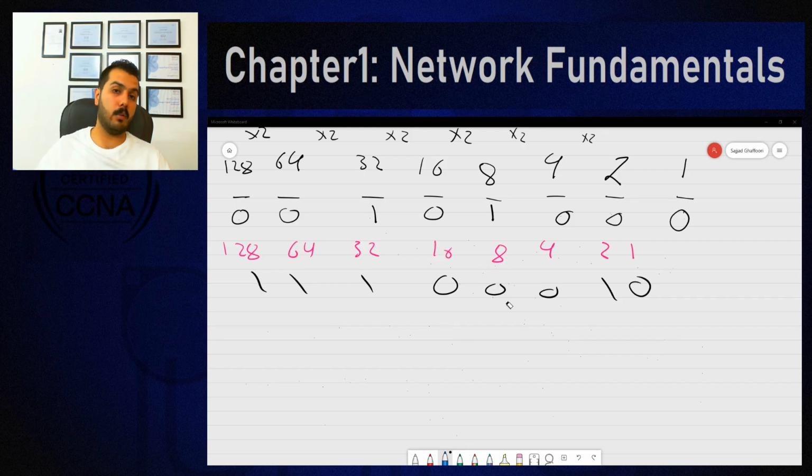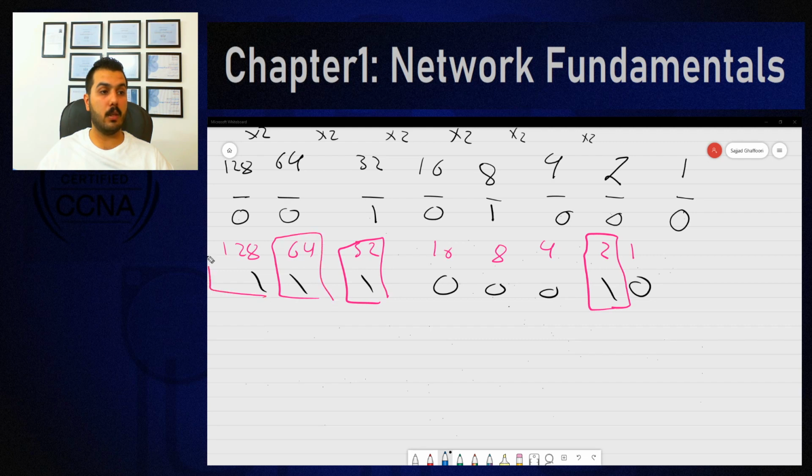What did we say about the rule previously? We said that whenever I find 1, then I have made use of this number. Whenever I find 0, then this number I haven't used in the conversion. So here I have used 2, 32, 64, 128.